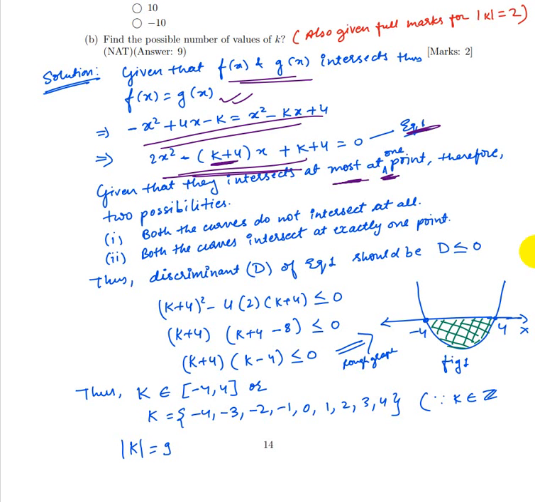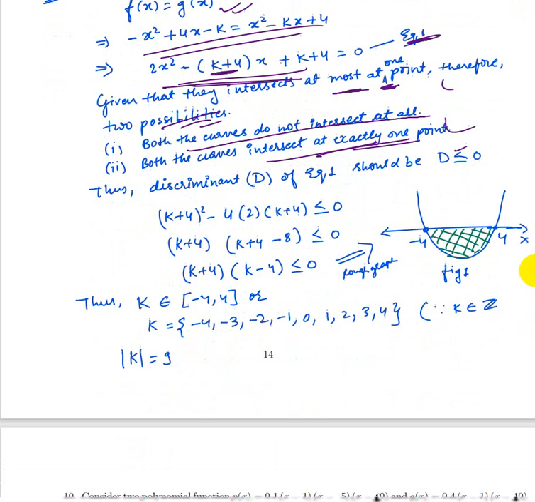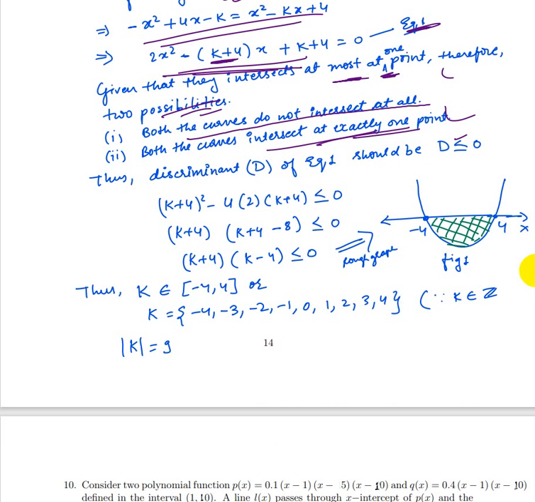That means they either are not intersecting at all, or they are intersecting at exactly one point. Therefore there are two possibilities which we have dealt with. Now the next thing it is saying is that the discriminant D of equation 1 should be D less than or equal to 0.